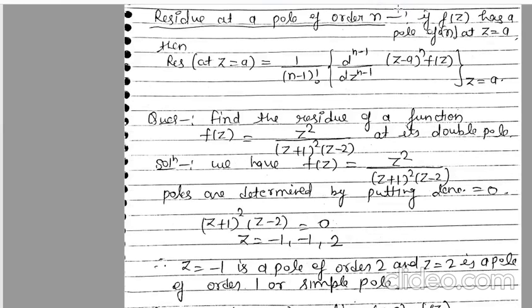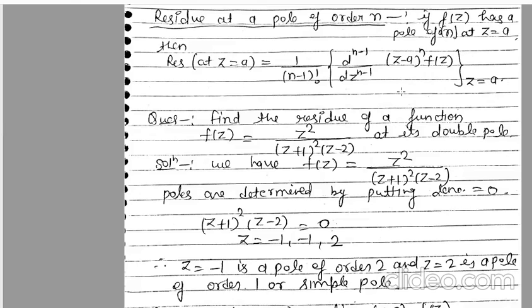If f(z) has a pole of order n at z equals a, then the residue at z equals a is 1 upon (n minus 1) factorial, d to the power n minus 1 upon dz to the power n minus 1, of (z minus a) to the power n into f(z). And I told you that you can find residue only at a pole singularity, not other singularities.